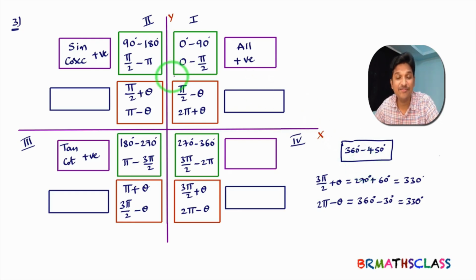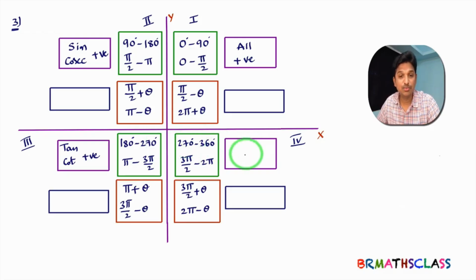It lies in again first quadrant. Here this loop will go on continuously. Once 360 degrees is over, 360 plus theta, if theta is acute angle, it lies in first quadrant only. So in first quadrant, what angles will be there means pi by 2 minus theta and 2 pi plus theta both lie in first quadrant.